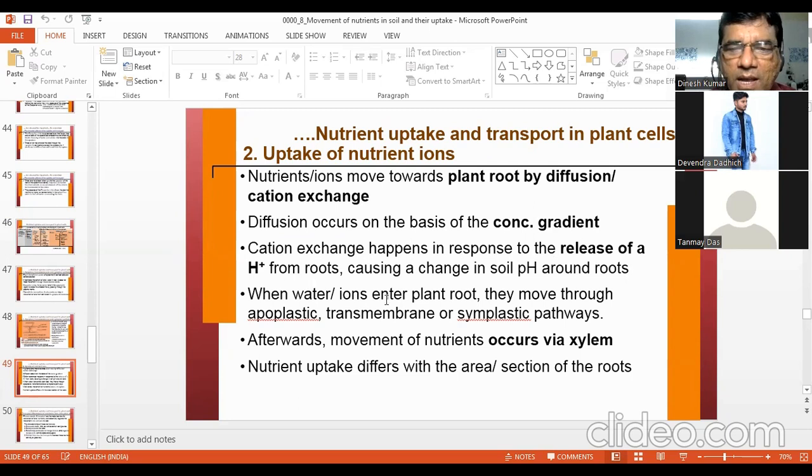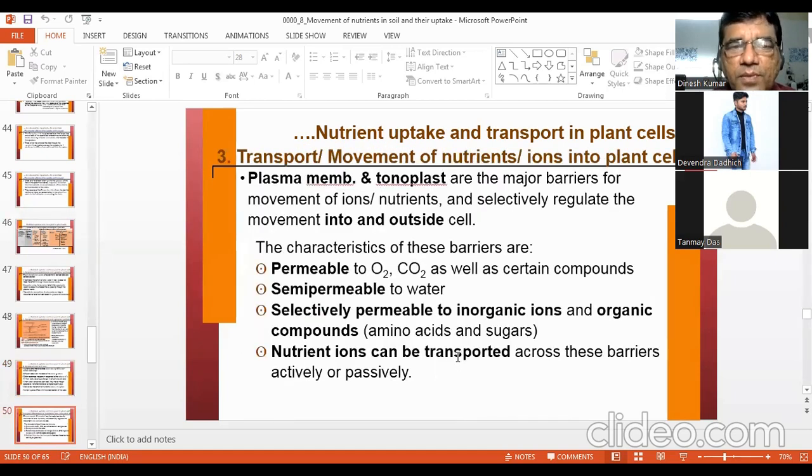When water or ions enter the plant root, they move through apoplast, transmembrane, or symplastic pathways. Afterward, movement of nutrients occurs via xylem, and nutrient uptake differs with the area or section of the roots. This is important. Now, transport or movement of nutrients or ions into plant cells: plasma membrane and tonoplast.